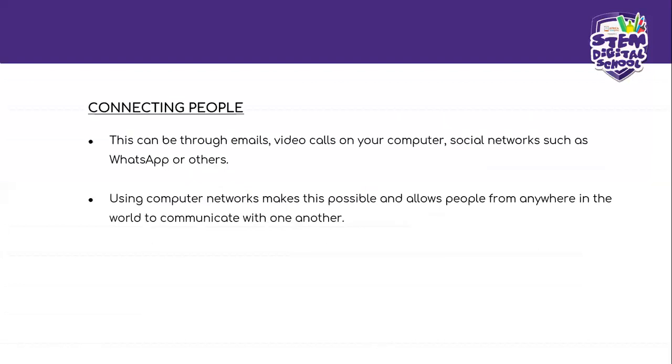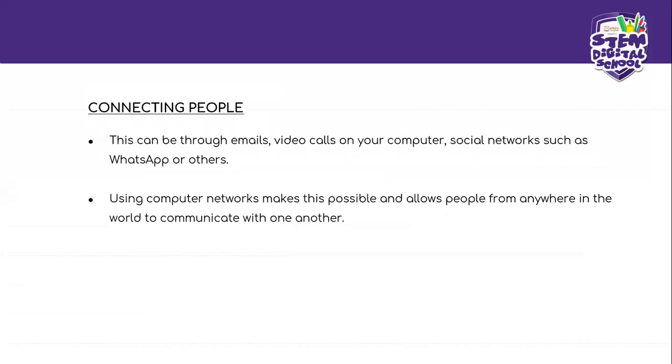The third aim and objective of a network is to connect people. Connecting people. This can be through emails, video calls, or social networks such as WhatsApp or others.